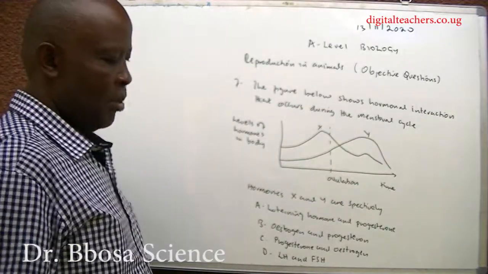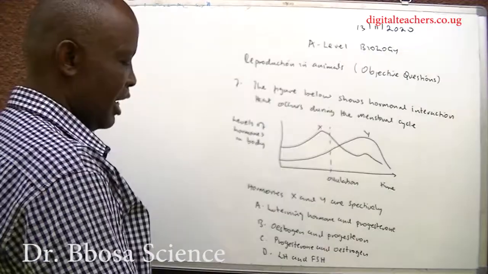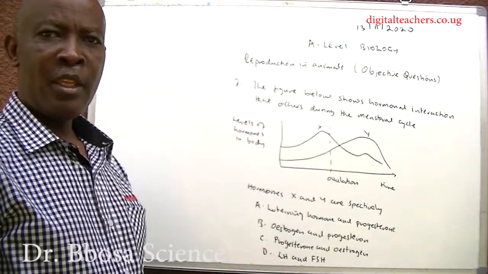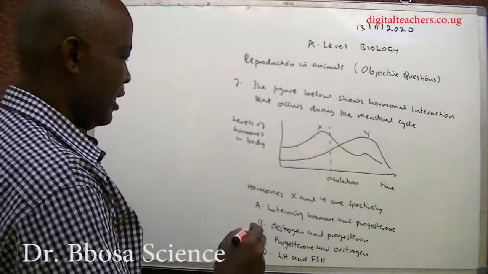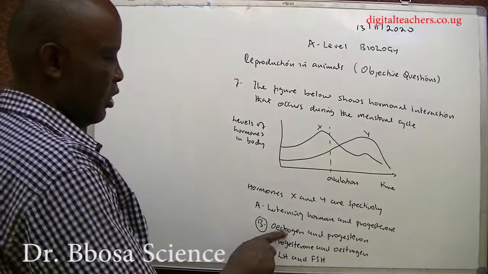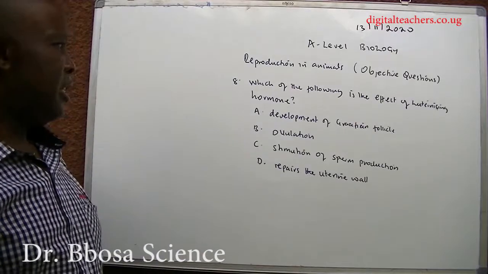C. Progesterone and estrogen. D. Luteinizing hormone and follicle stimulating hormone. You can pause and answer. The answer is B. Estrogen and progesterone.